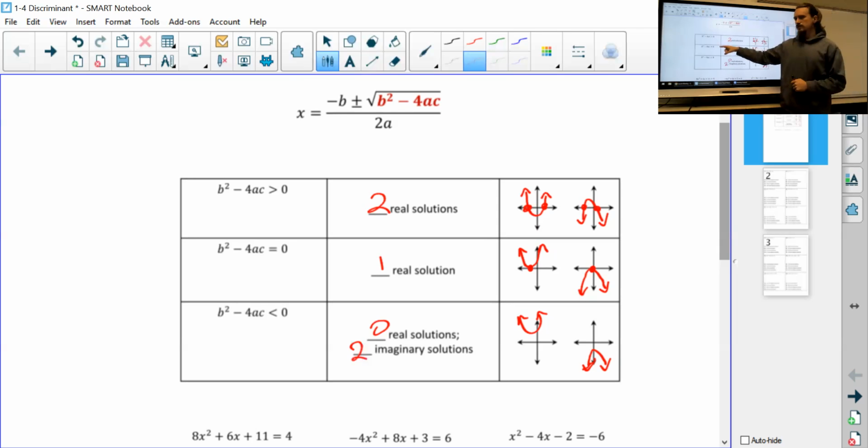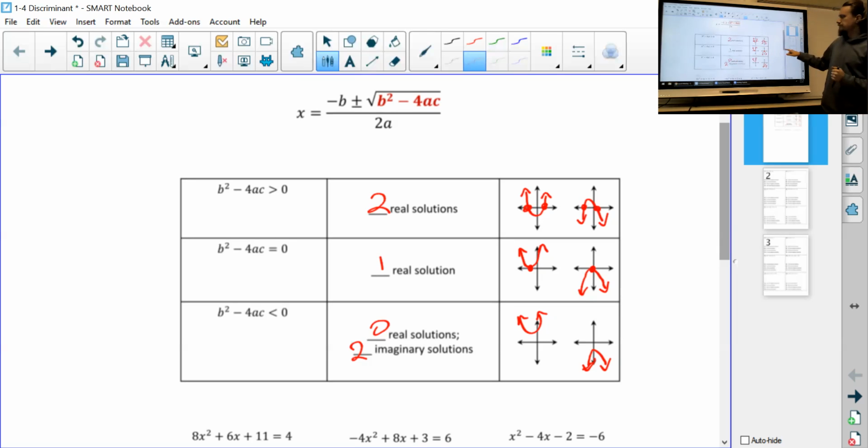If you get 0 as an answer, though, the square root of 0 is just 0, and then anything plus 0, anything minus 0 is the exact same thing. So it'll still split up into 2 separate equations, but they'll have the exact same answer, which is why there's only 1 real solution. And then if it comes out to a negative, you can't take the square root of a negative number. That doesn't exist. That's imaginary, which is why we have 2 imaginary solutions, but 0 real solutions.